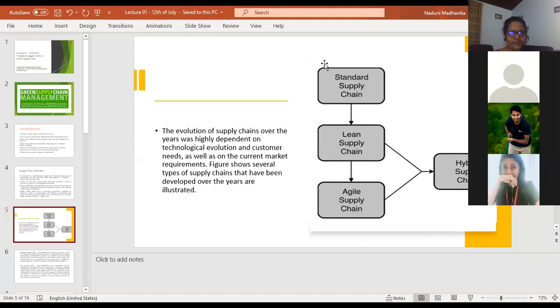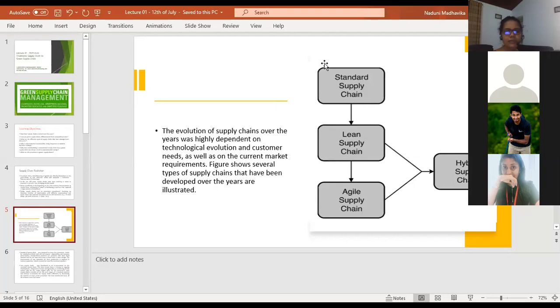Lean is basically about minimization. Yes, eliminating the waste. That has been another stage in the evolution of supply chain. Most businesses after the standard supply chain focused on minimizing the wastage in their supply chain. After that, the agile supply chain stage evolved.